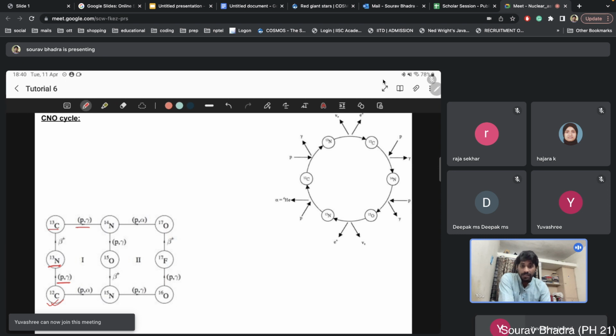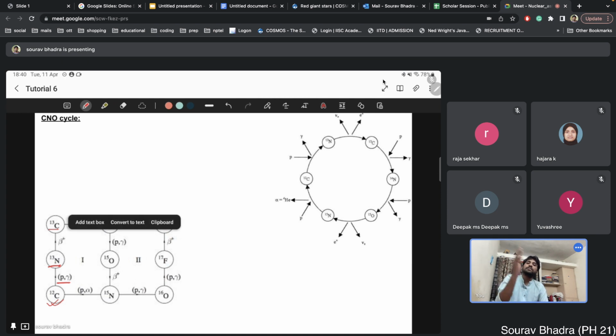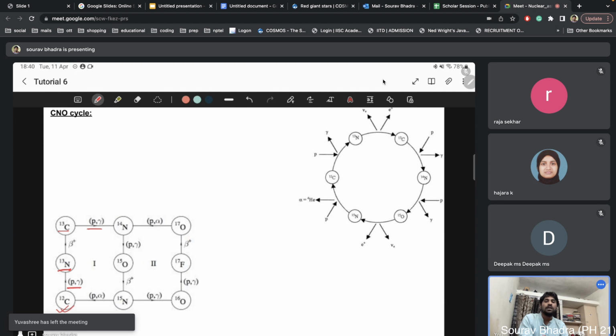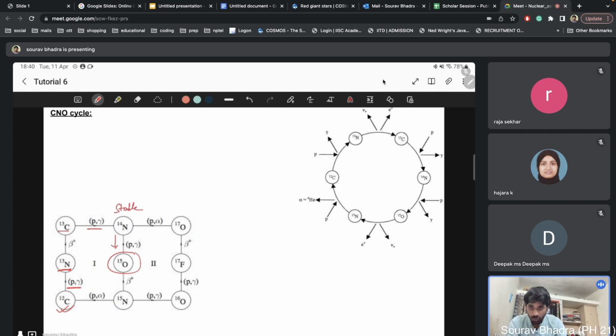This 14N is stable, that is why there is no beta decay in this particular 14N, and as it is stable, it is again going through a proton interaction, and the 14N is going to 15O. This 15O is unstable, because you know that 16O is the stable one. So this was stable, that is why there is no successive beta decay.